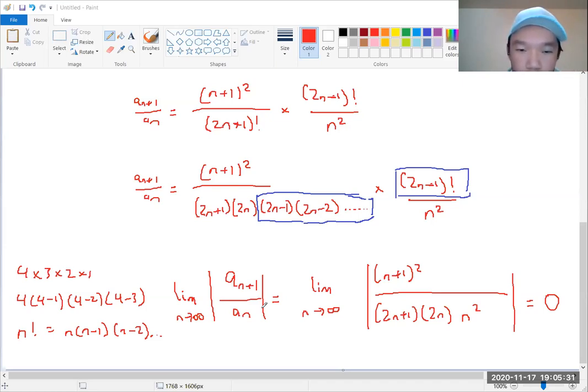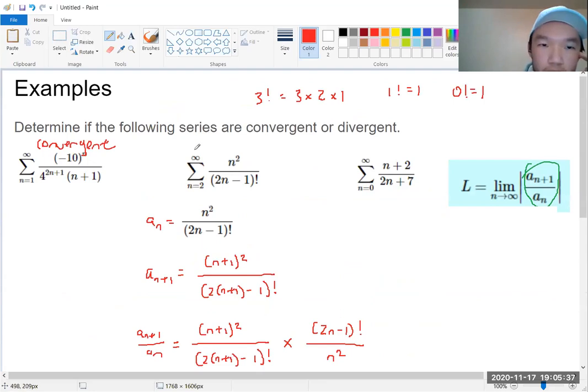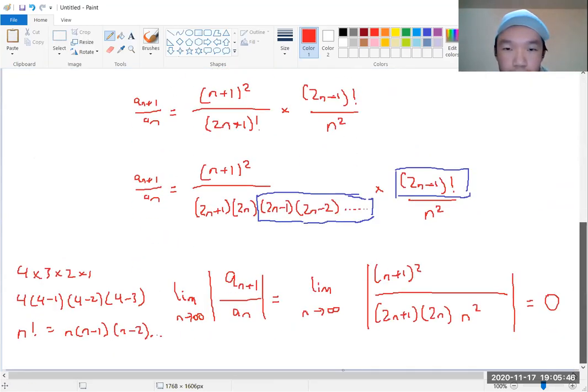Yeah, so absolutely convergent. Remember, when the limit is less than 1, we get absolutely convergent. So this right here is convergent. Okay. So do make sure you know how to work with factorials.